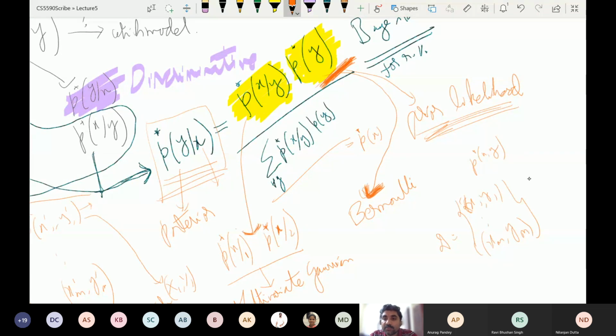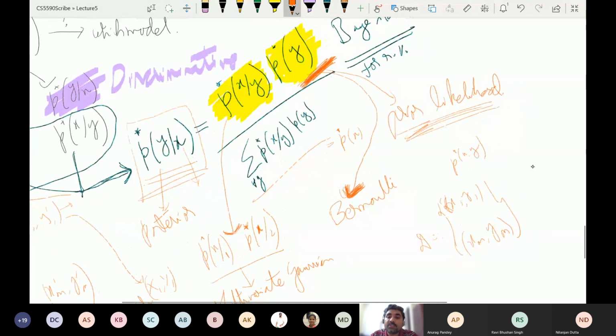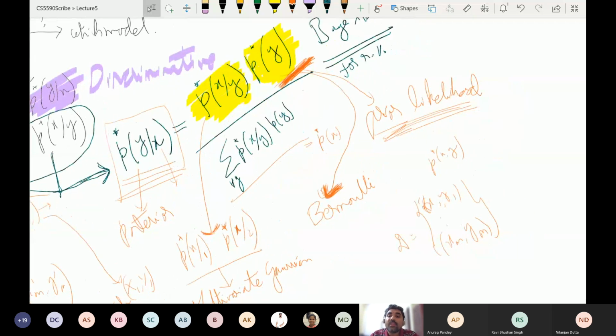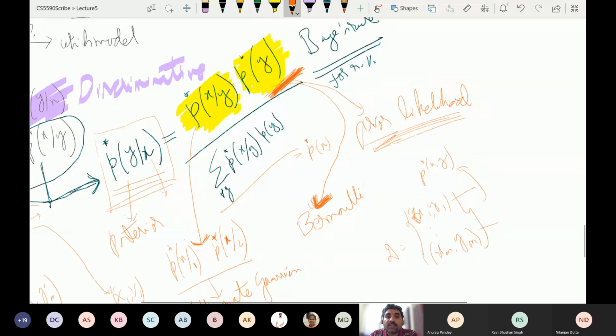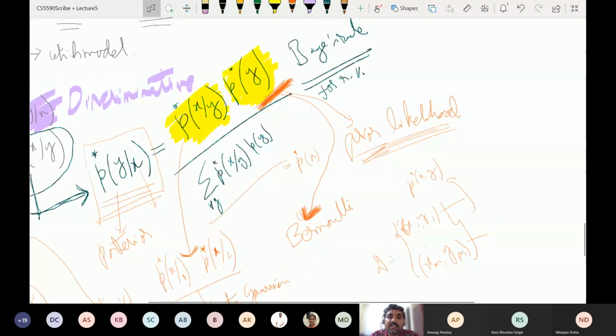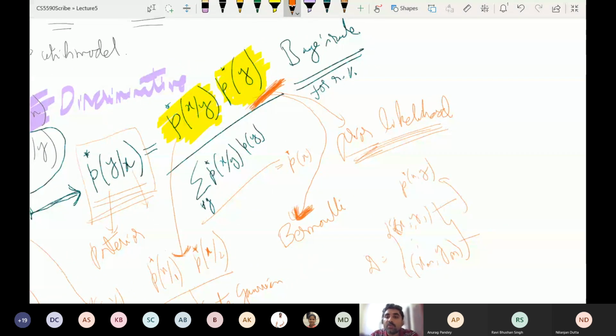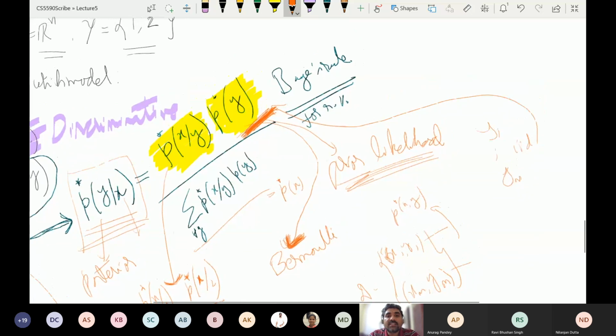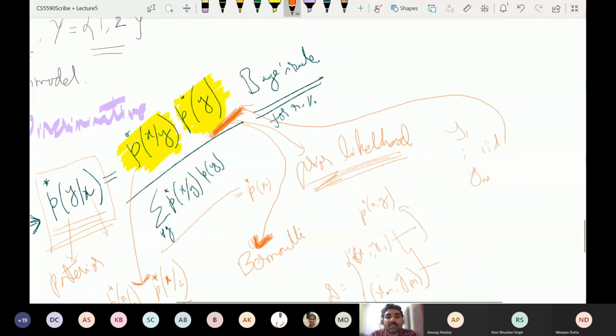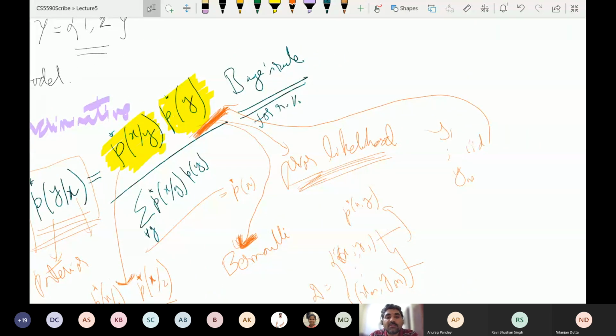So now the question you should ask is, if these are IID samples from this distribution, can I consider y1 to ym as IID samples for this distribution? If so, then I can use the existing ideas I have for parameter estimation to estimate the parameters of the corresponding Bernoulli model.